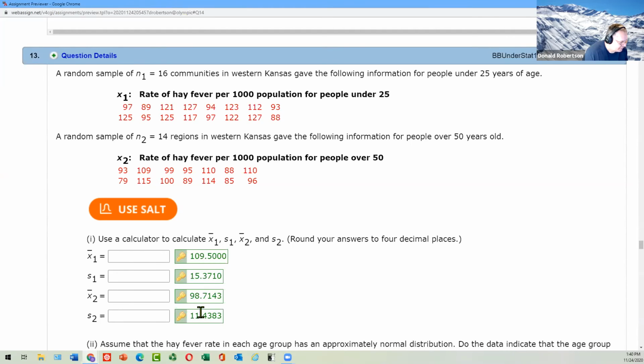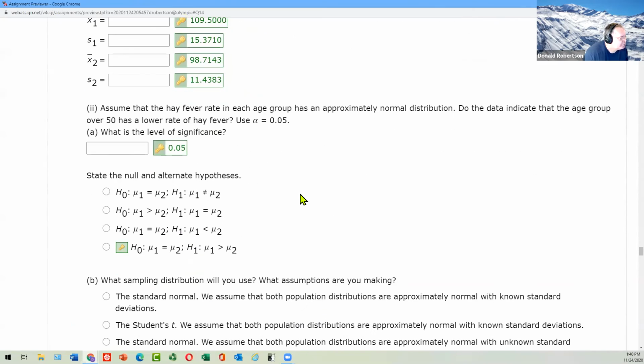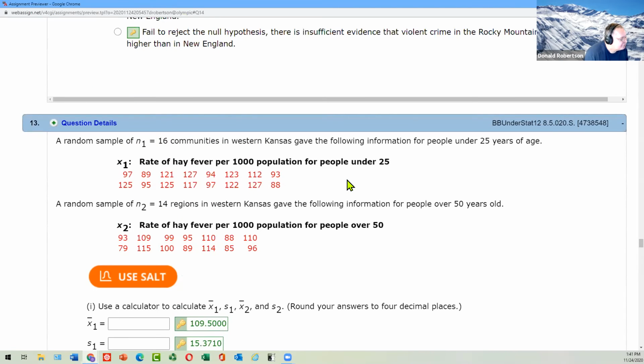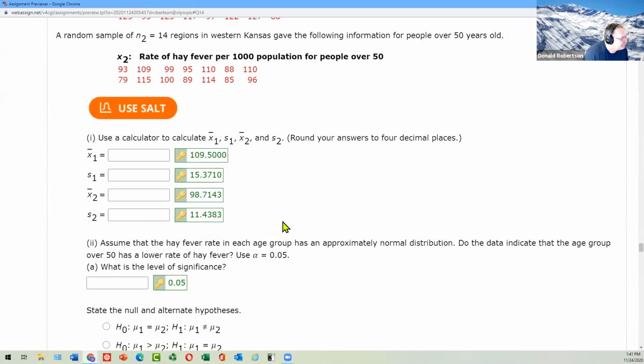Right. Now, I'll read on a little bit further. Assume that the hay fever rate in each age group is approximately normal. Is that hay fever? Interesting. They never told me it was hay fever until we got to here.